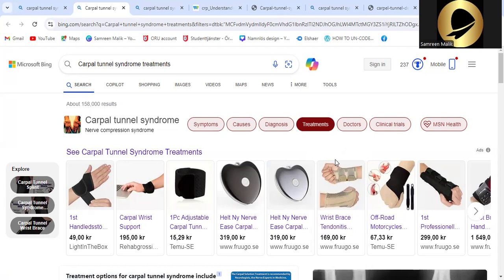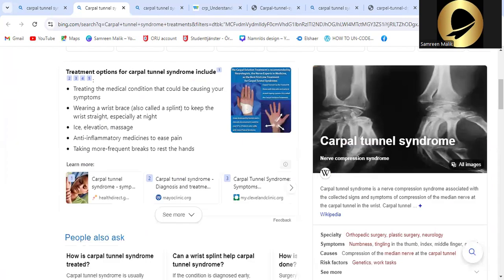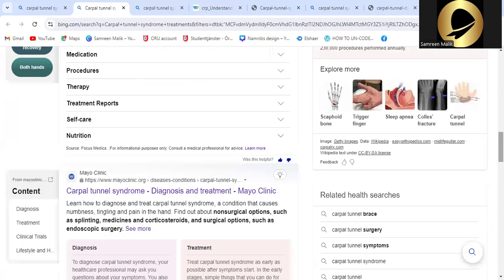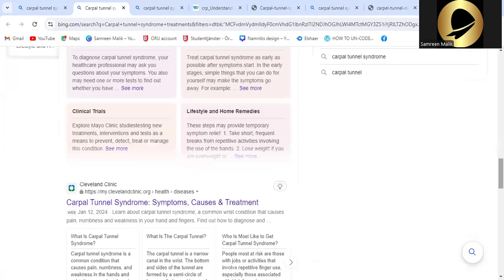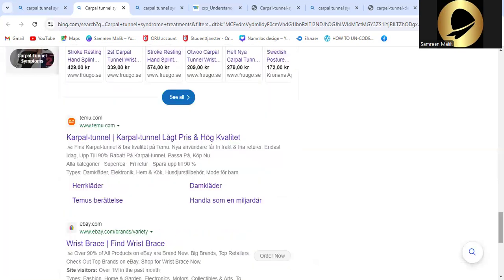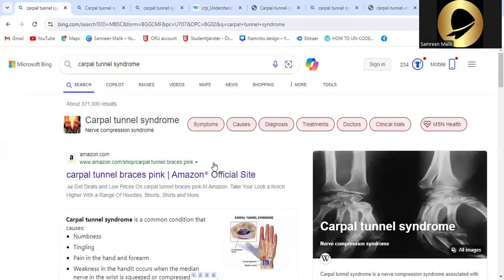If they do not work, then the last resort would be surgical treatment, in which you excise the flexor retinaculum.